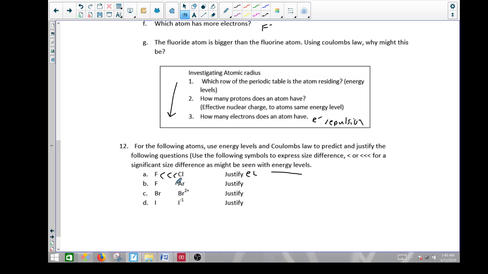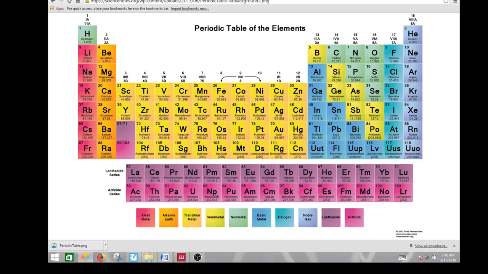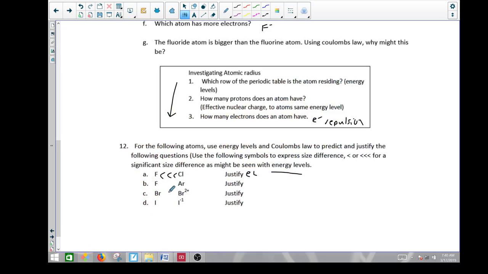All right, fluorine, argon. Let's try and find those ones on the periodic table. Fluorine, argon. Okay, once again, energy levels. All right, argon is much bigger than fluorine due to energy levels. All right, bromine, or bromine plus 2. In this case, bromine isn't normally going to form this charge, by the way.